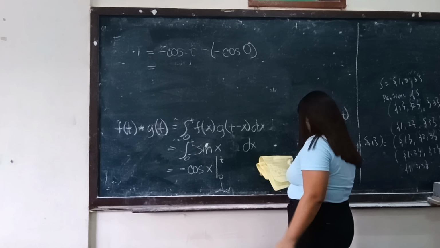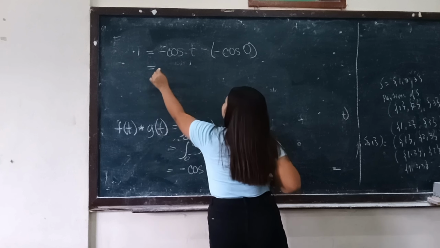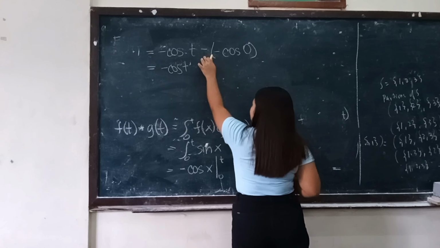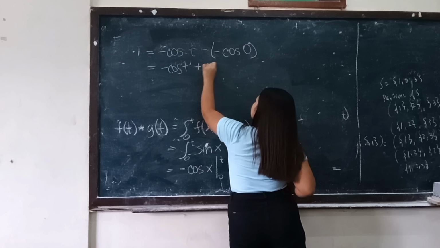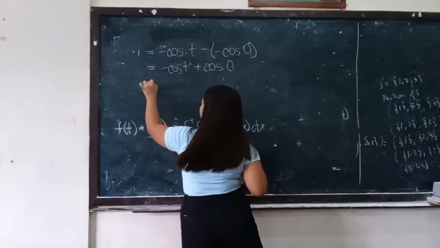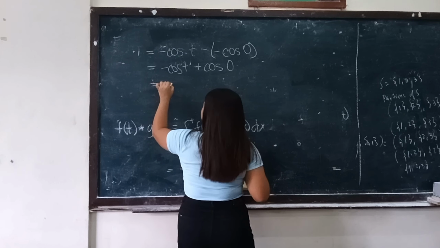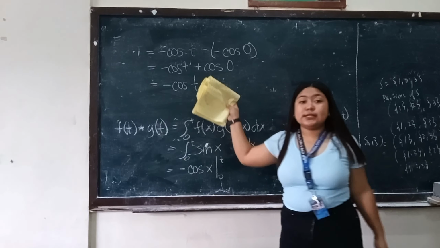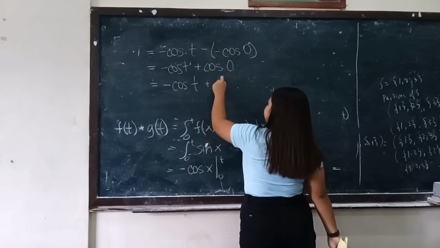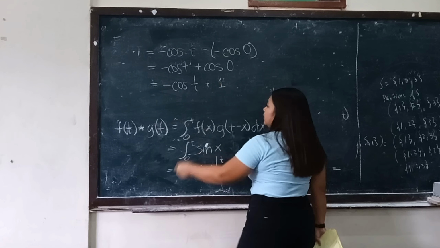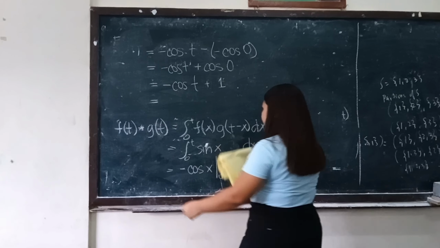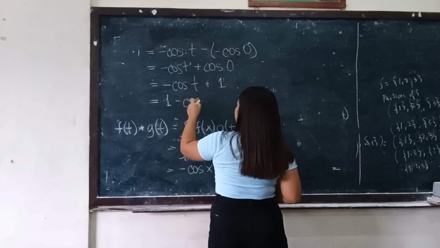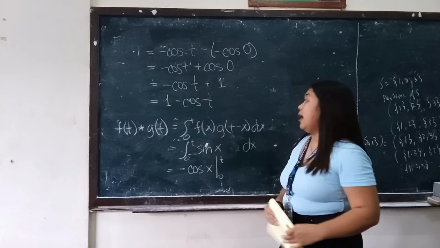So negative cos t, and negative times negative is positive cos 0. We have negative cos t plus cos 0, and cos 0 is equal to 1. So this will be equal to 1 minus cos t. And that is our final answer.